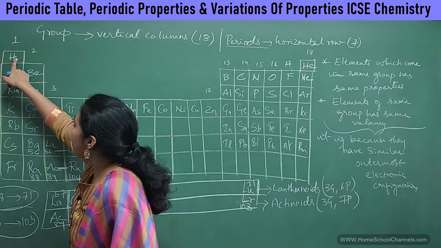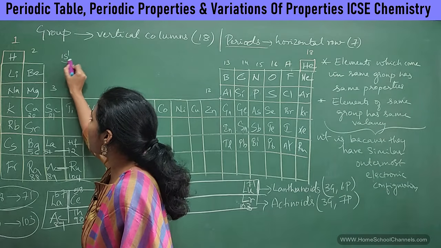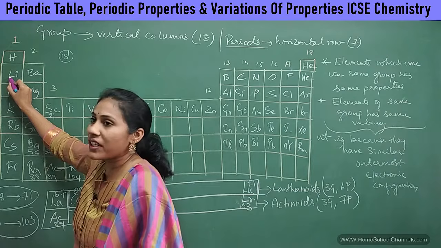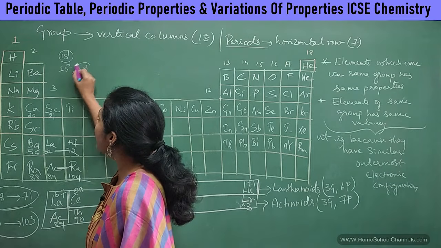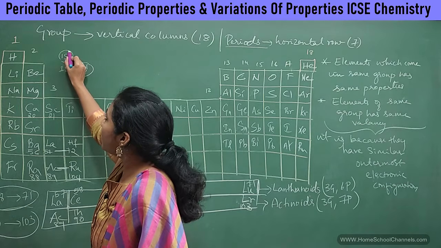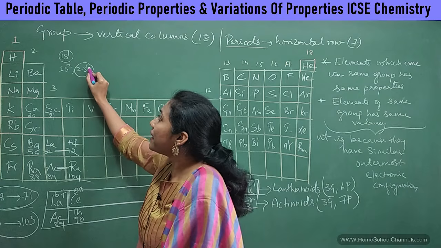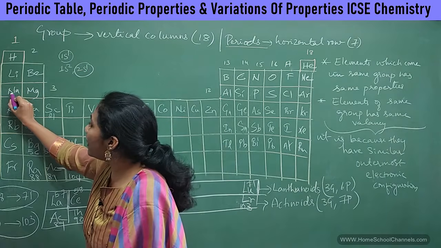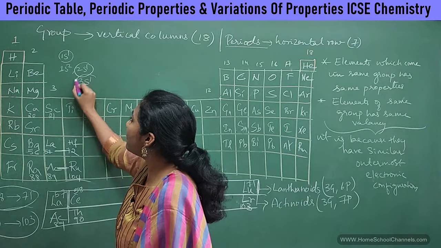Say, what is the electronic configuration of hydrogen? It is 1s1, outermost, right? What is the electronic configuration of lithium? It is 1s2, 2s1. You see? In the s orbital, you have one electron for hydrogen. Lithium also, in the s orbital, you have one electron. Similarly, if you write the electronic configuration of sodium, outermost one will be 3s1.